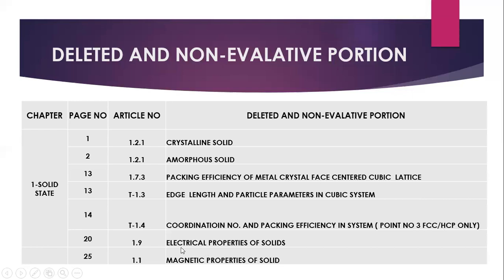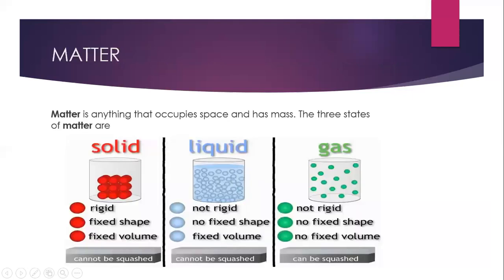Next, 1.9 and 1.10, which are electrical properties and magnetic properties of the solid, have been removed. Okay, deleted from the chapter. Means these are the topics which have been deleted for year 2020, which do not have to be studied for your board exam.